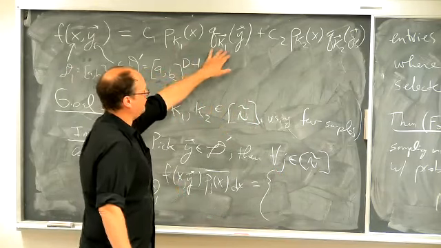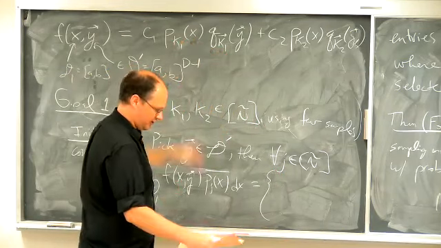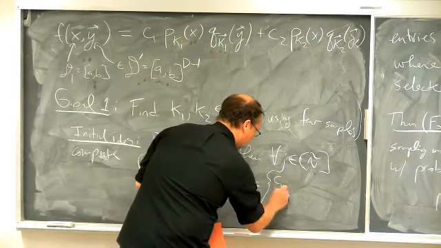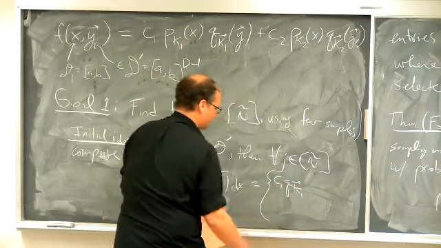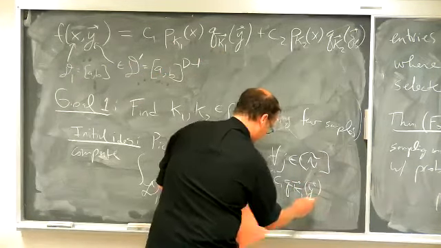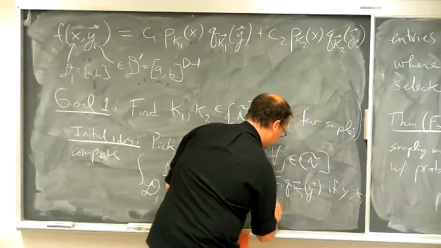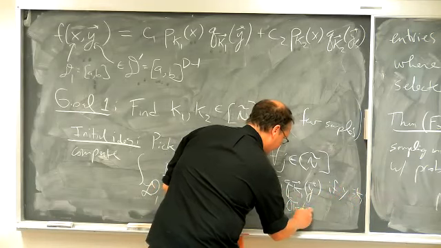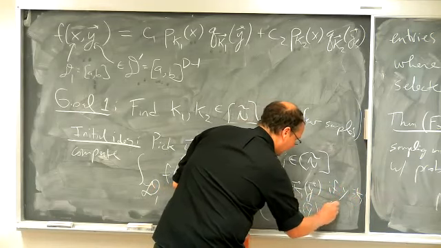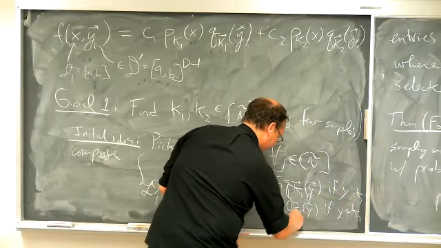Once I fixed y, this is just a regular old polynomial of one variable. And so this is going to be C1 q sub k1 of y if j is equal to k1, and it'll be C2 q sub k2 of y if j is equal to k2, and it'll be 0 otherwise.